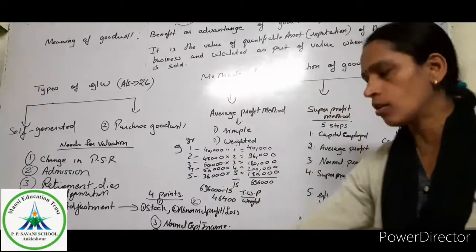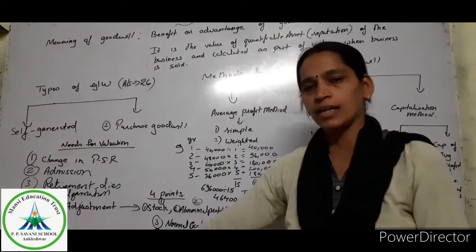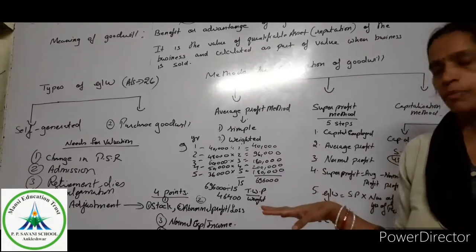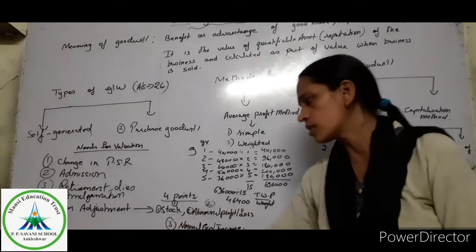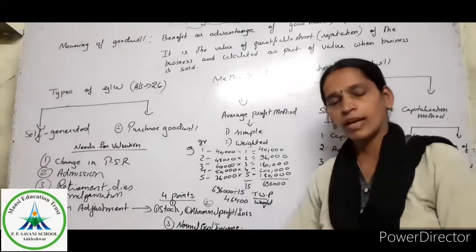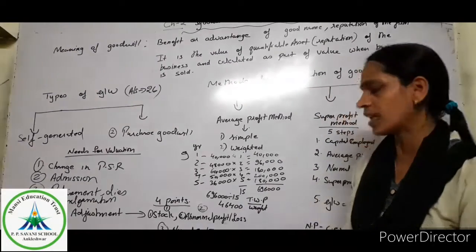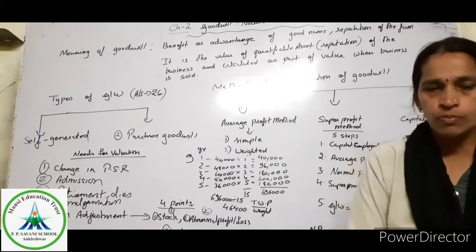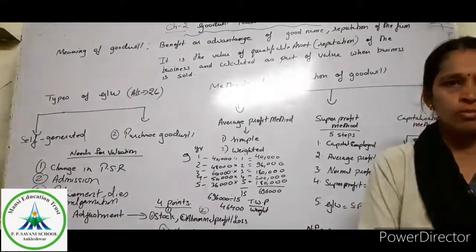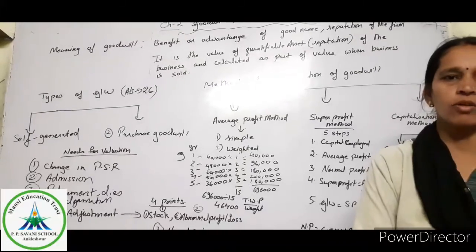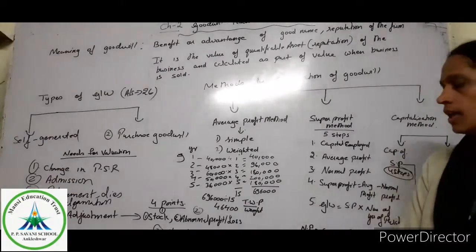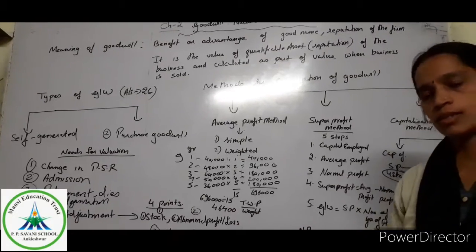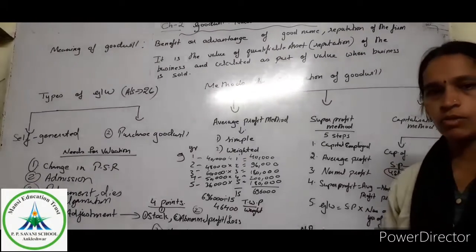If there is abnormal loss, you will add it in that particular year only, and the rest of the steps will remain the same. So this is what we have to do for adjustment. For any adjustment, keep 4 points in your mind: stock, abnormal profit and loss, normal profit and loss, non-recurring expenses and income. This is what you have to keep in mind while doing the sum. It has already been given to you.